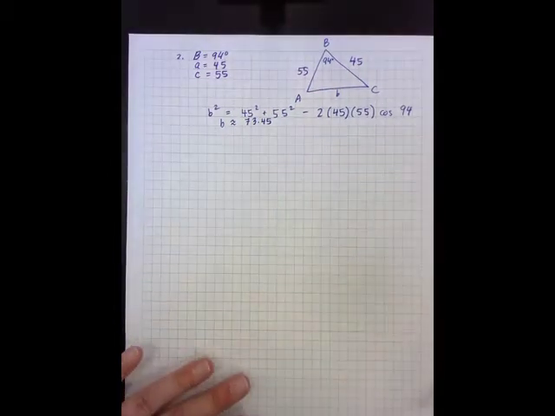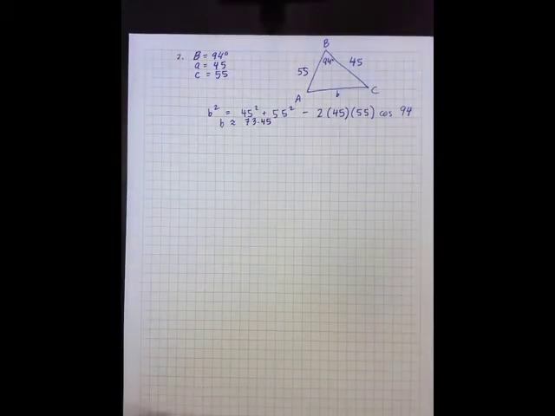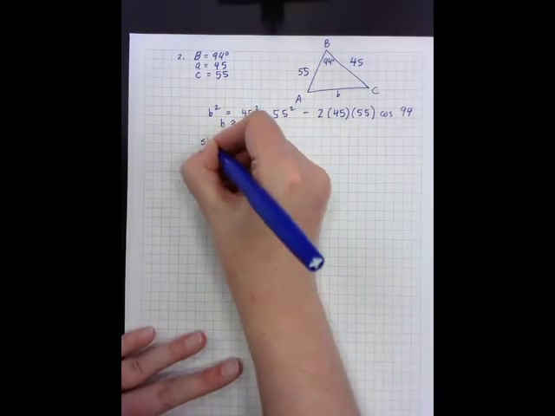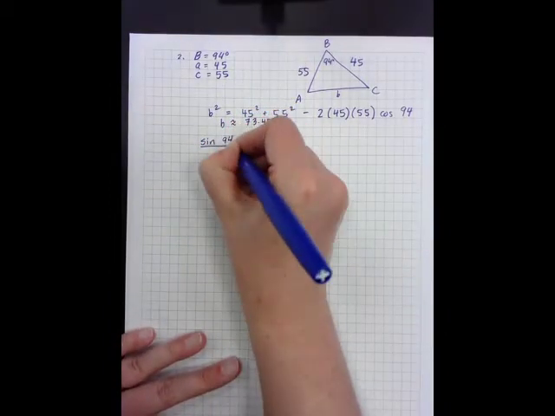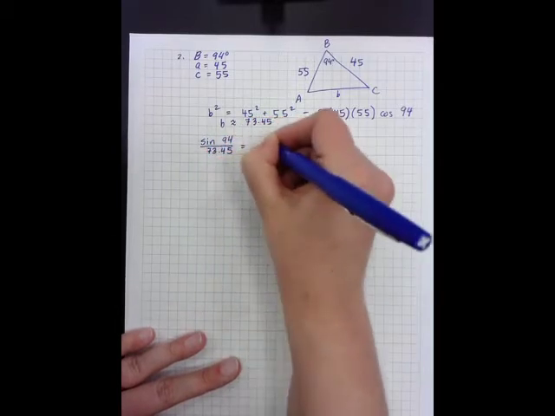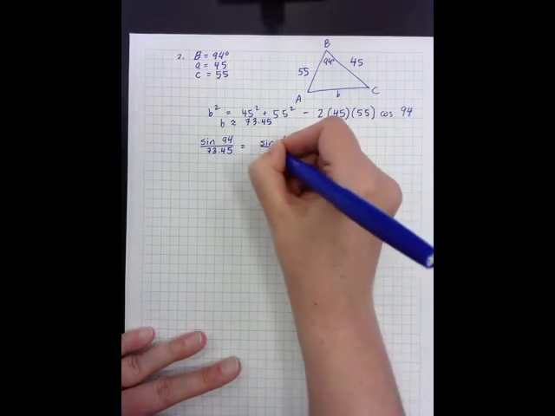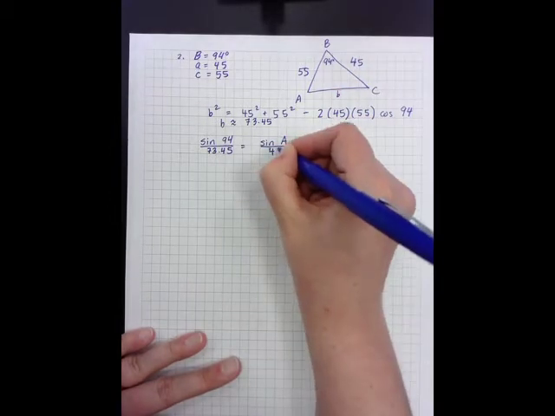So I now have side B, which means now I can go back and use law of sines. Generally speaking, law of sines is less complicated, less work than law of cosines. So that's the one I tend to gravitate towards. So I have sine 94 over 73.45 equals sine of angle A over 45.